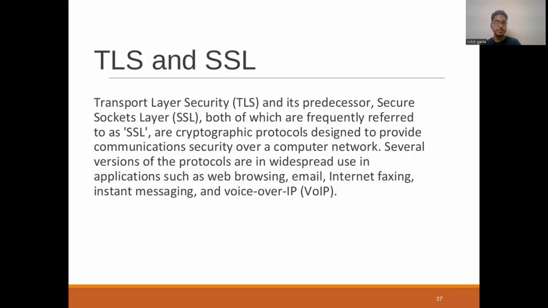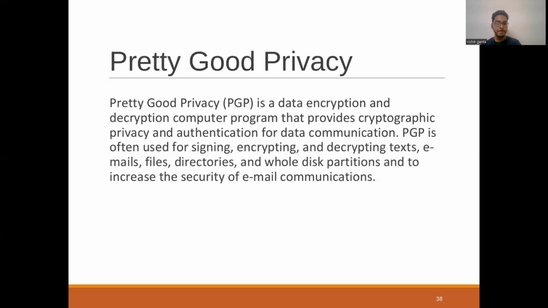TLS and SSL, Transport Layer Security and its predecessor Secure Socket Layer, both of which are frequently referred to as SSL, are cryptographic protocols designed to provide communication security over a computer network. Several versions of the protocols are widely used in applications such as web browsing, email, internet faxing, voice over IP, that is VoIP, and instant messaging.